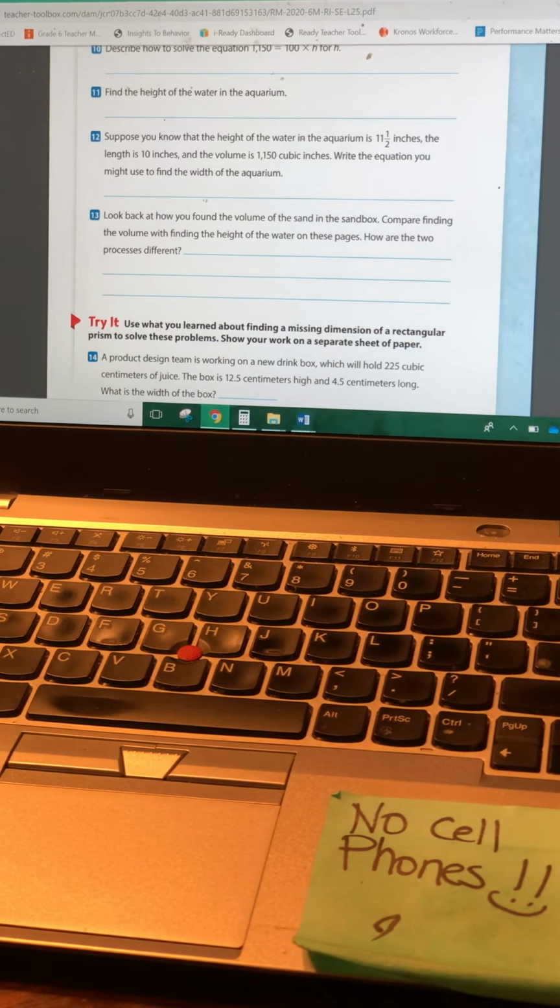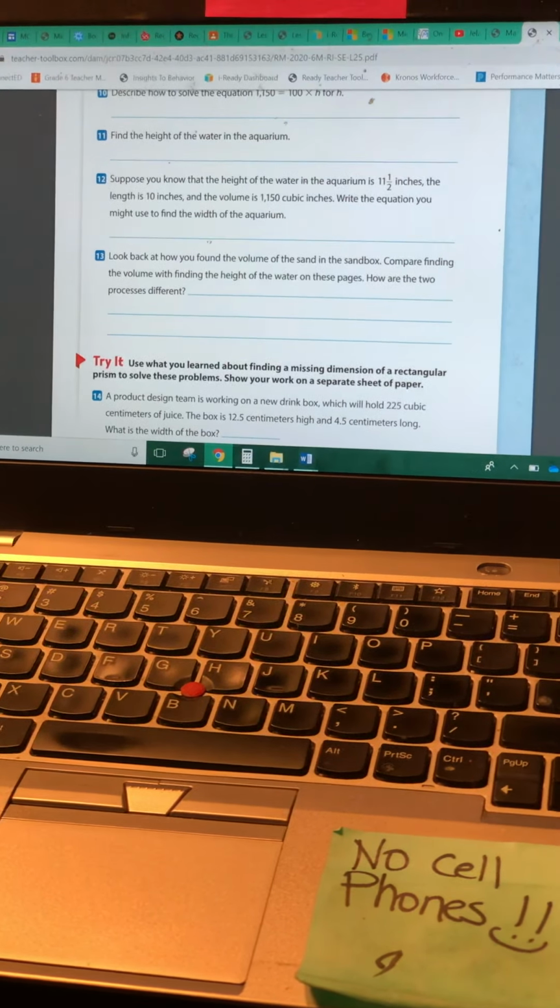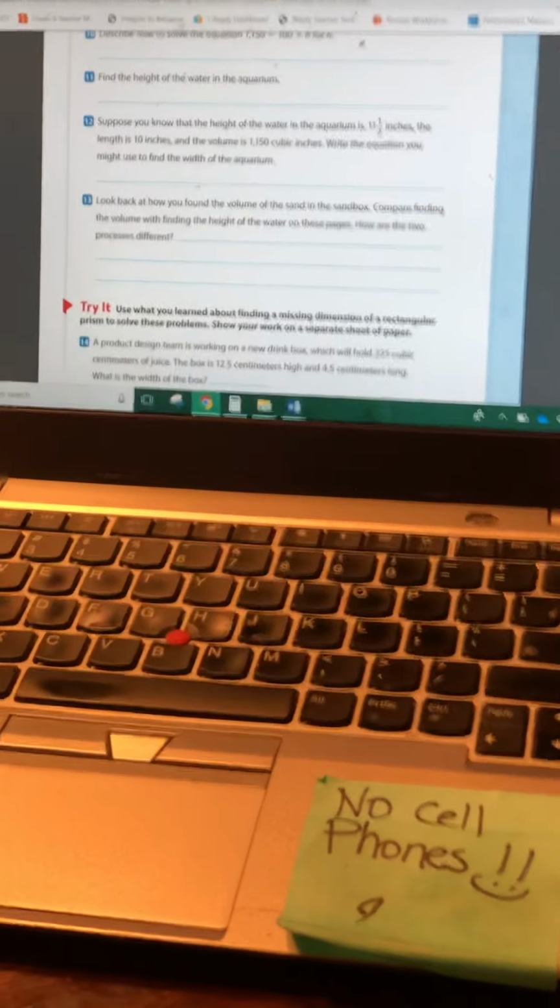Guys, this would be a good time for you to think about it and try to compare how the two processes are different, and what we did differently in the aquarium and water example and the sand and sandbox example.